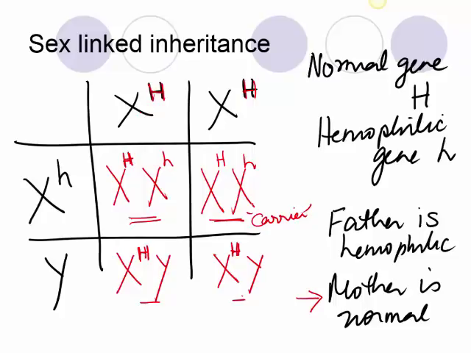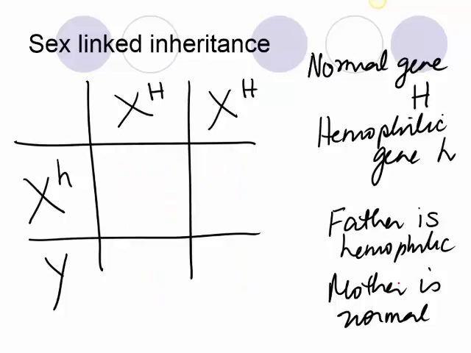So let's look at such a case. Instead of this, suppose I said the mother is a carrier, and let's say the father is normal. So this is how the mother will be.